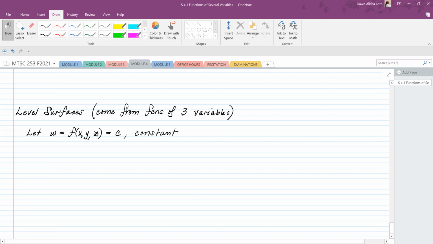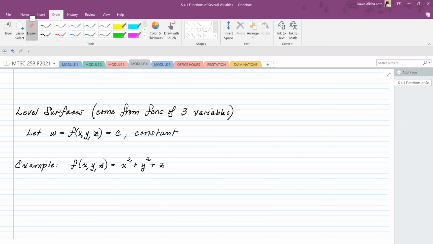So here's an example. F of X, Y, Z is equal to X squared plus Y squared plus Z squared. Oh, minus Z squared. So that's my function.